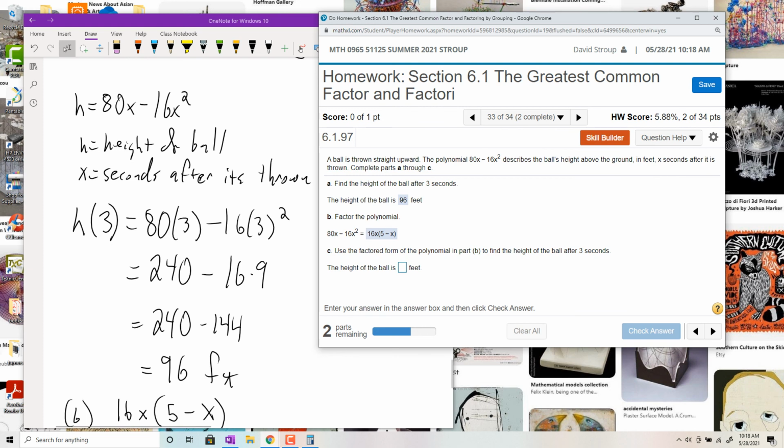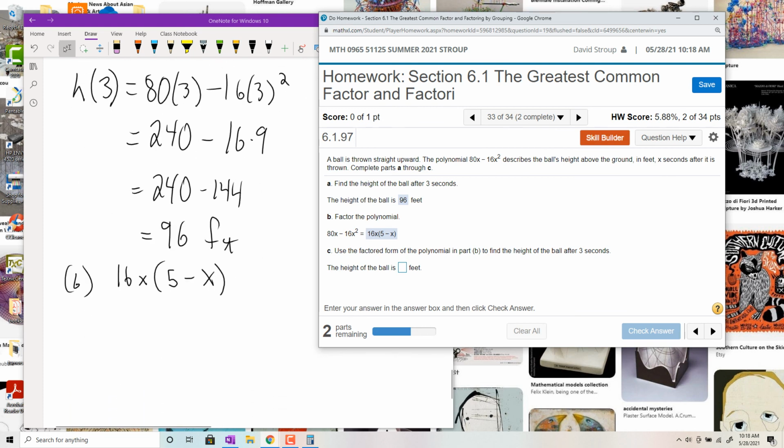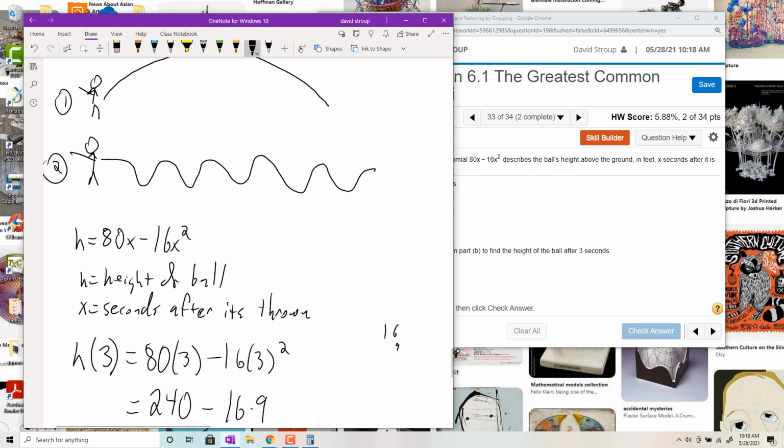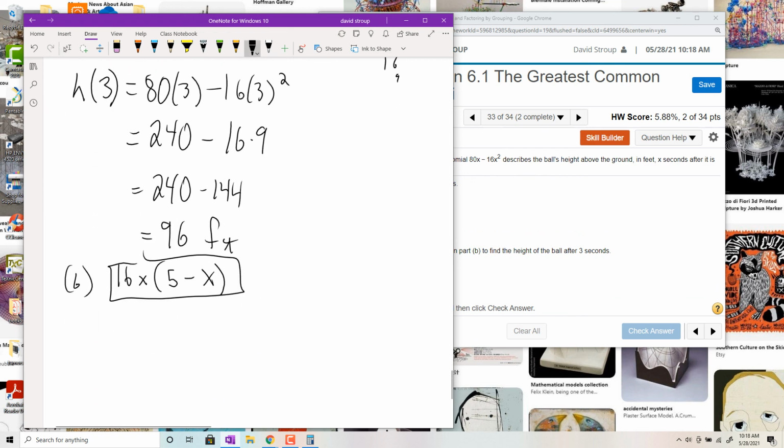Use the factored form to find the height after 3 seconds. Okay, so I'm just going to plug 3 into this formula. You get the same answer if you use the other formula. It doesn't really matter, but sometimes it's a little easier to use this other form because it makes the computations quicker for us humans. So this will be 16 times 3 times 5 minus 3. 16 times 3, I can do that in my head.